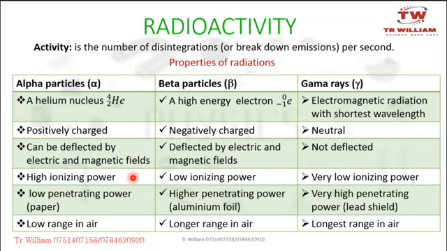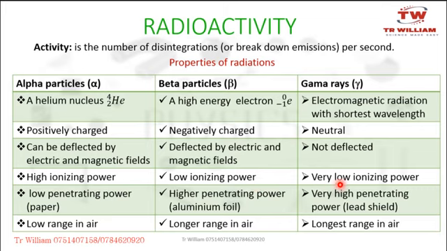So as alpha particles pass through air or gas molecules, they will cause the gas to have positive ions and negative ions, because they have a high positive charge. Beta particles can also ionize, but not as much as alpha particles, since they have a lower charge of negative 1.